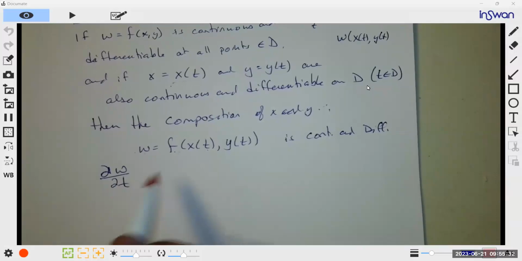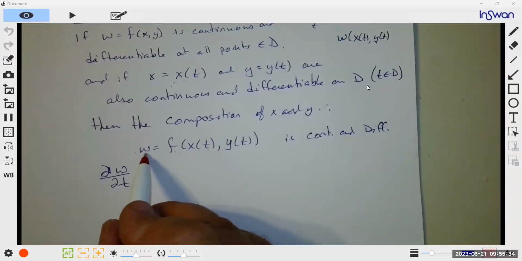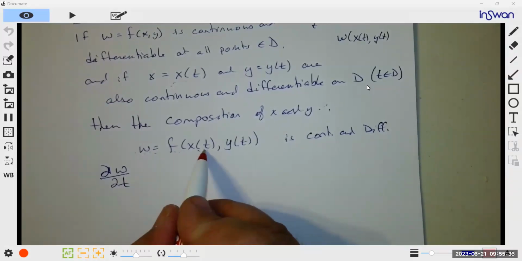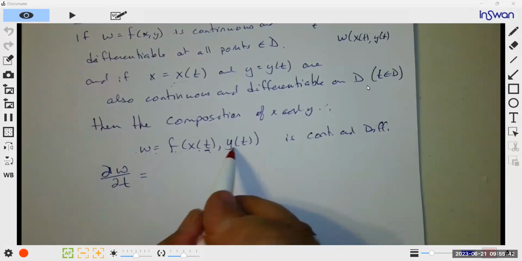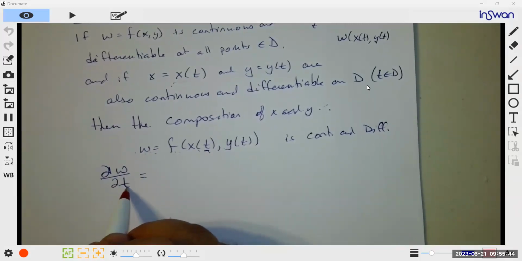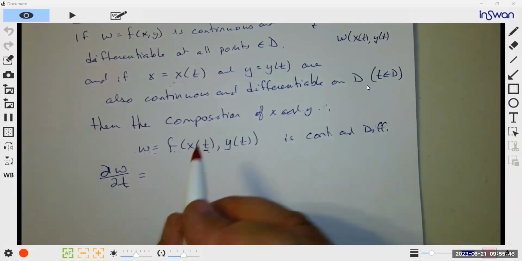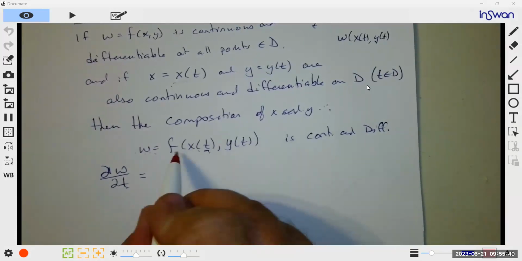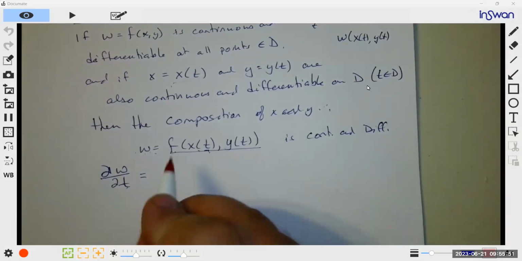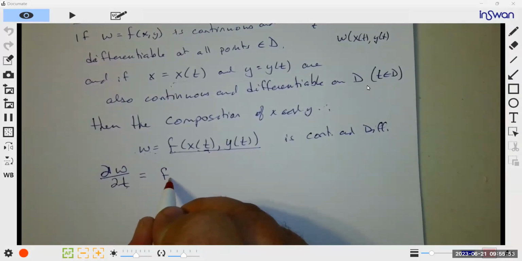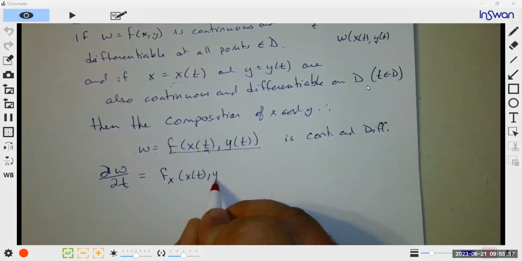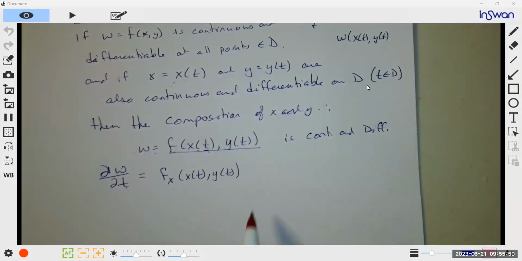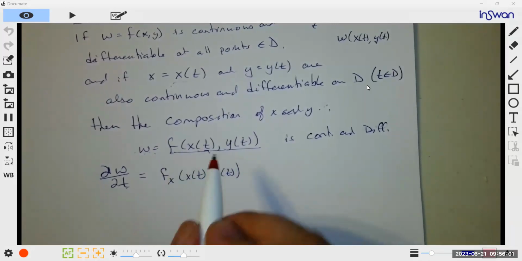Now, since w is a function of f, which is a function of t, when we write our definition, we have to write it with respect to the lowest variable in the function. So we're looking at it with respect to t. That means we have two parts. First, we take the derivative with respect to x. And remember, this is chain rule.